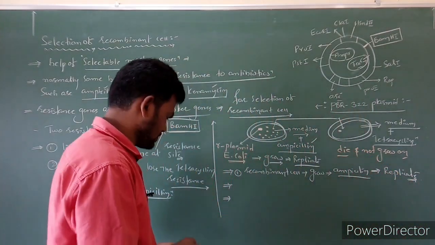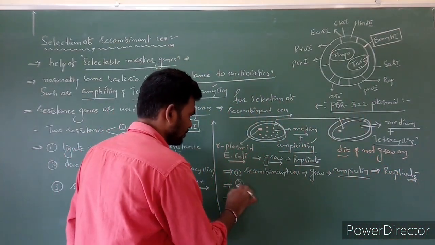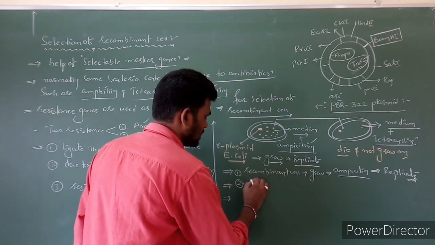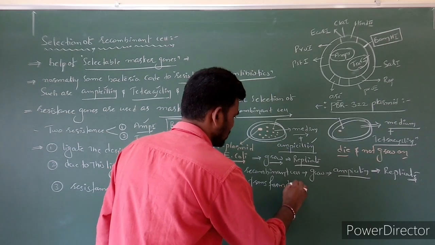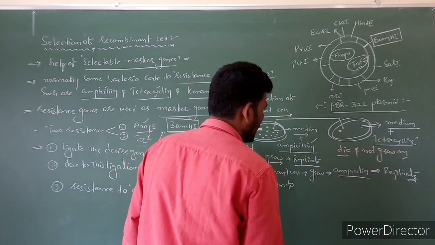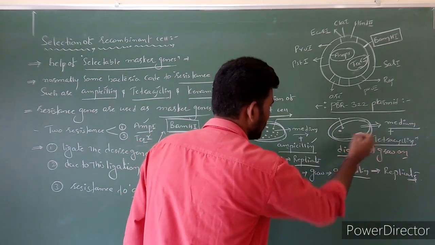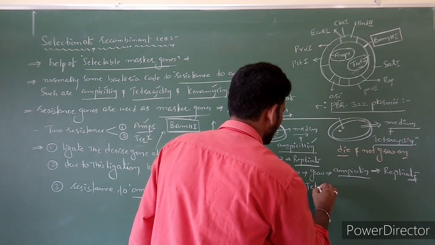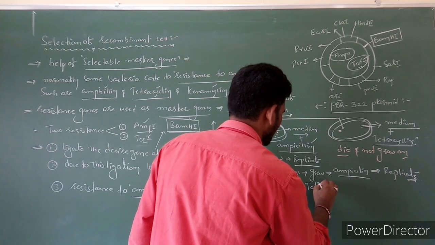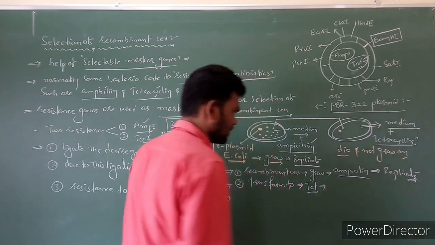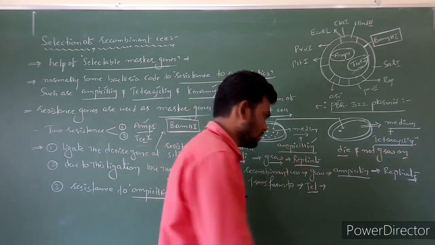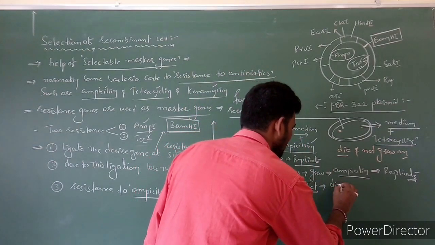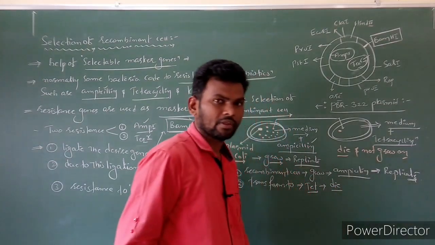Okay. Next, these are transferred to another medium, that is containing what? Tetracycline medium. In this tetracycline medium, the recombinant plasmid does not grow, it dies. Why?